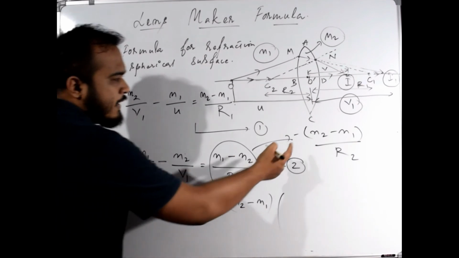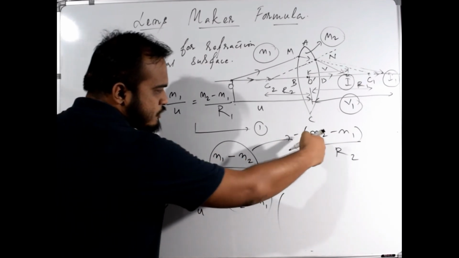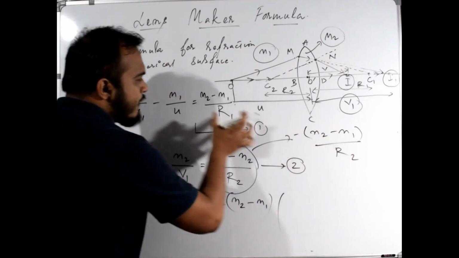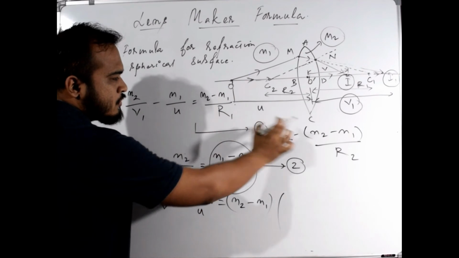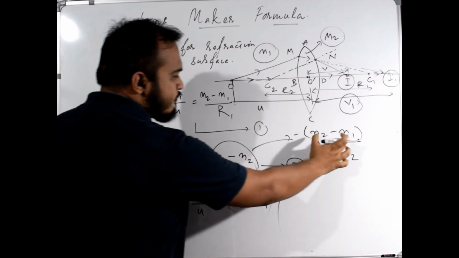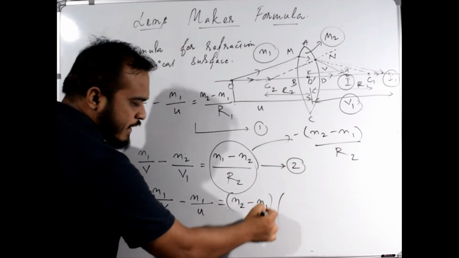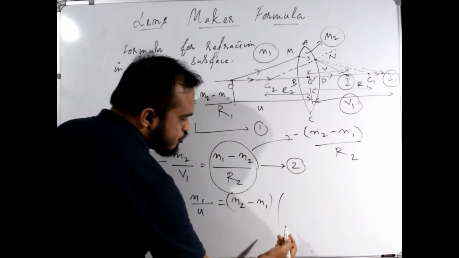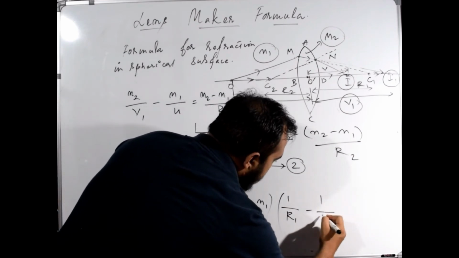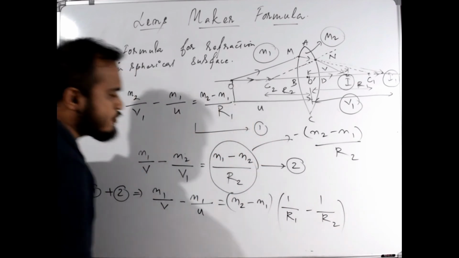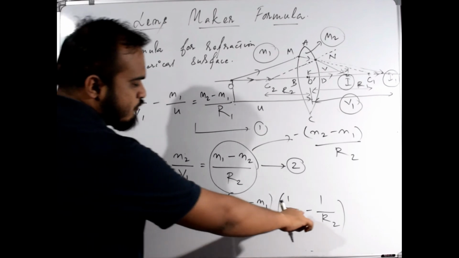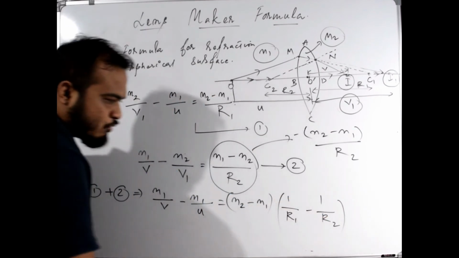So if we take N2 minus N1 common from both terms, what will we get? We will get 1 by R1 minus 1 by R2. That is, N1 divided by V minus N1 divided by U is equal to N2 minus N1 into 1 by R1 minus 1 by R2.